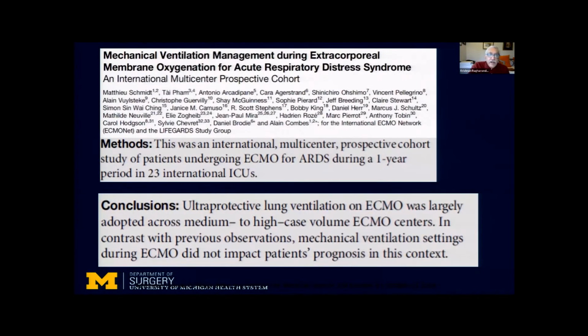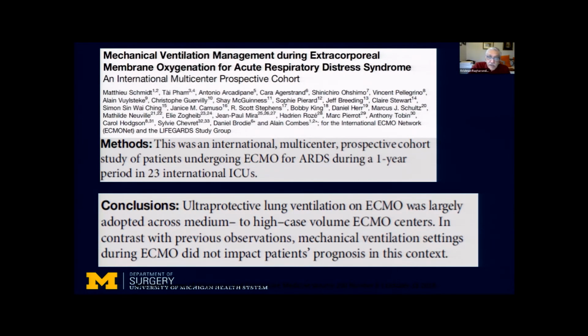This is new data that was published in 2019, where they looked at what the mechanical ventilation treatment should be during ECMO. This was, of course, a retrospective study, though they are calling it a prospective cohort. They looked at a lot of patients in 23 ICUs, and they looked at their overall mechanical ventilation patterns.